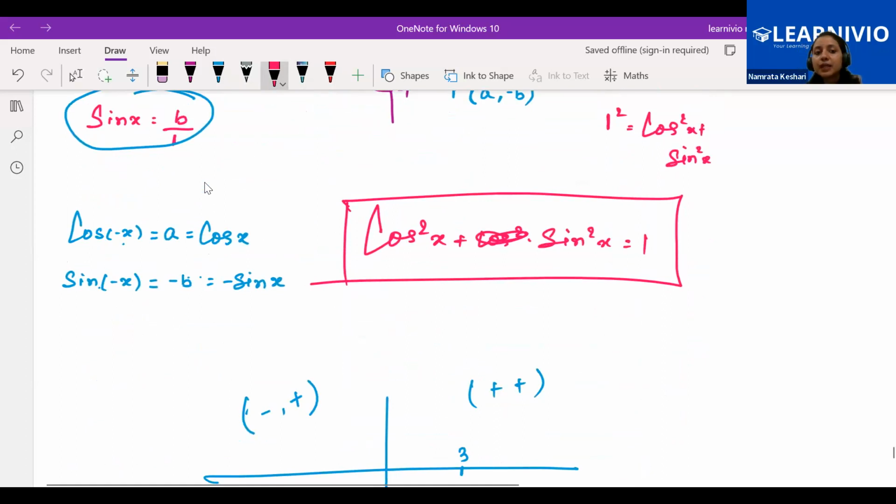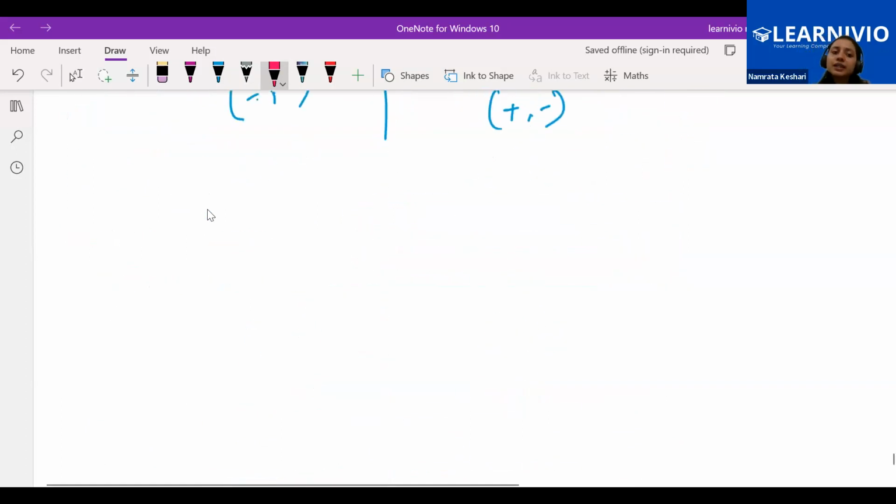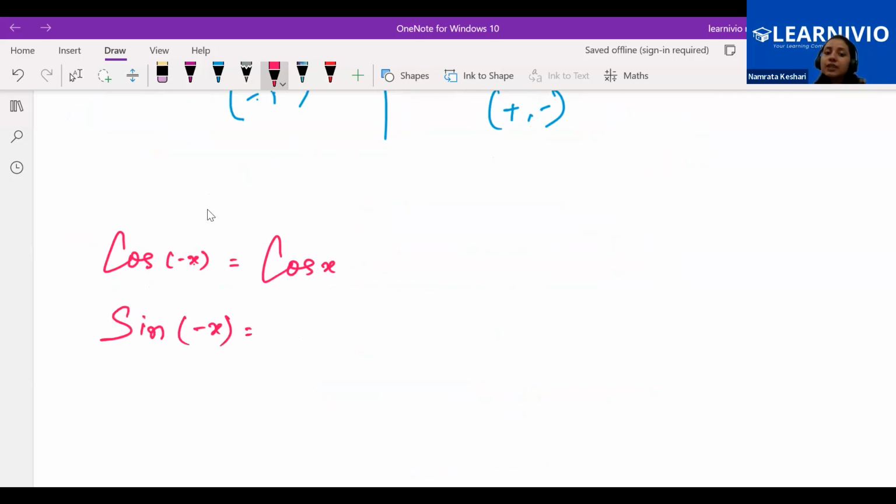And now we ended up getting this. Here we realize that cos of minus theta is just cos theta, but sine of minus theta will be minus sine theta.